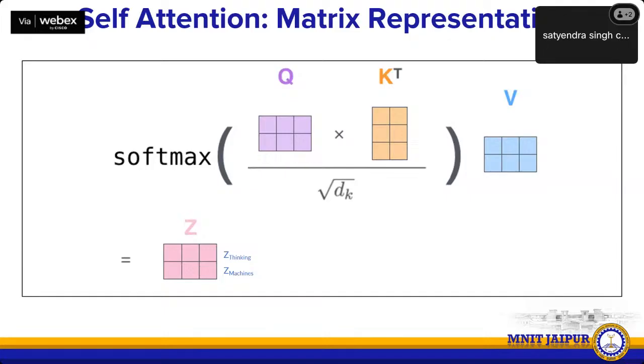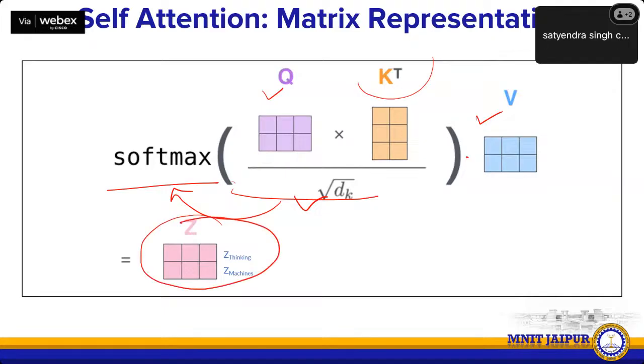So overall, what it does is: you have a query matrix, you calculate the dot product with the key matrix, you scale it using a scaling factor, which is the square root of the dimension of the key, you squash the result using softmax, and whatever output you get, you multiply with the value matrix to get the Z matrix.